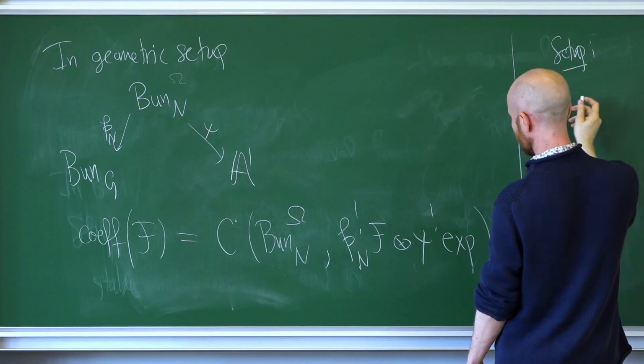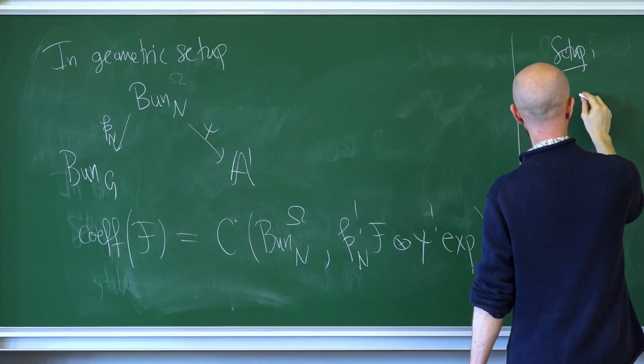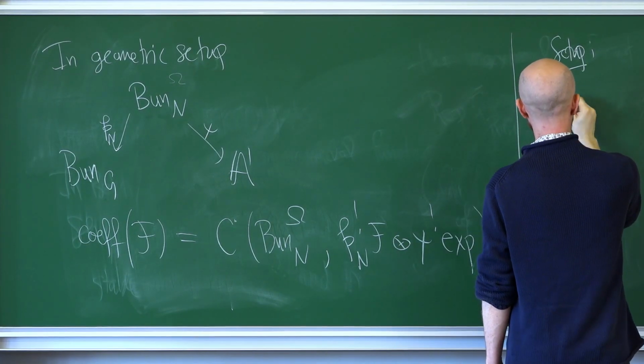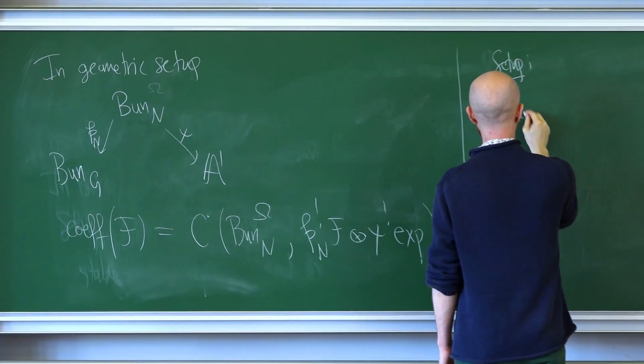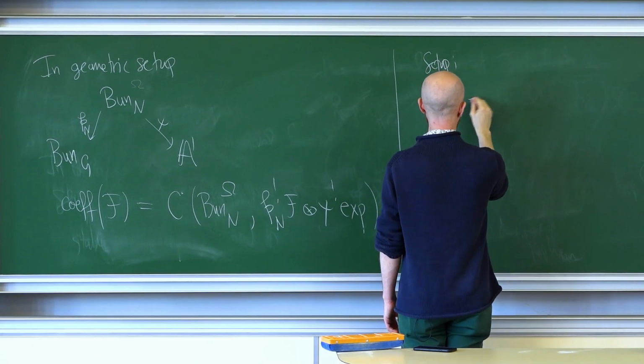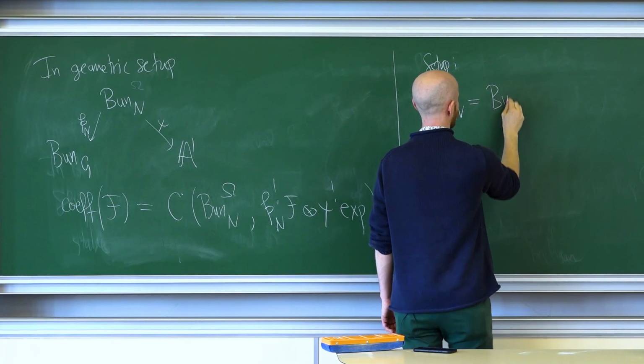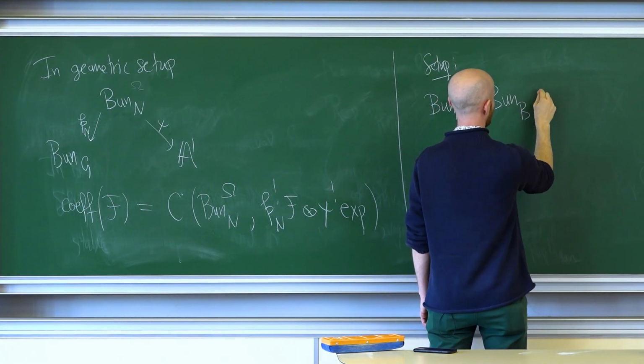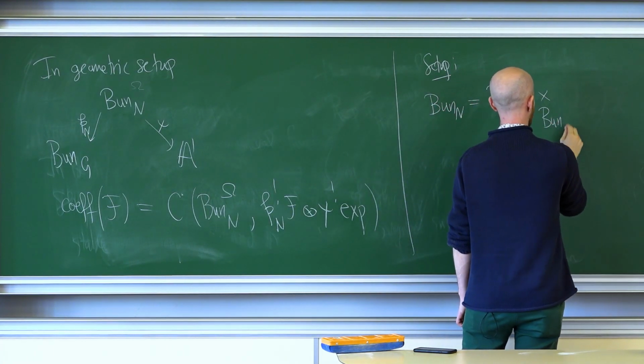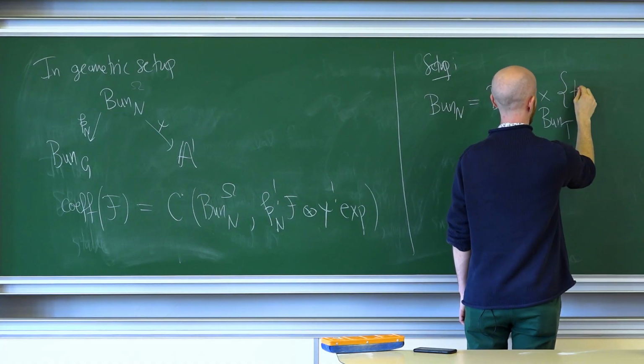Okay, so let me tell you what the various symbols are. This Bun N with no twist, you can think of it as a B-bundle whose induced T-bundle is trivial.